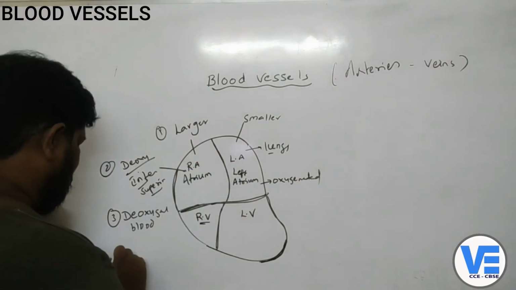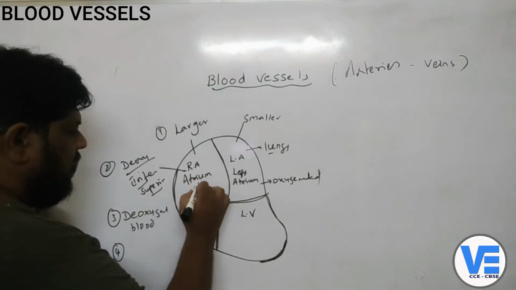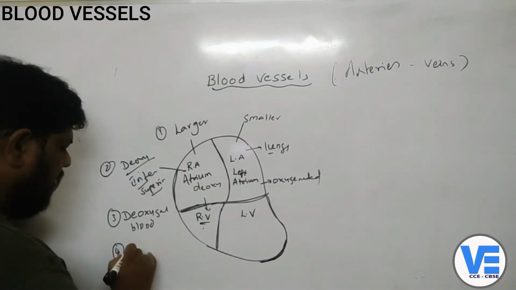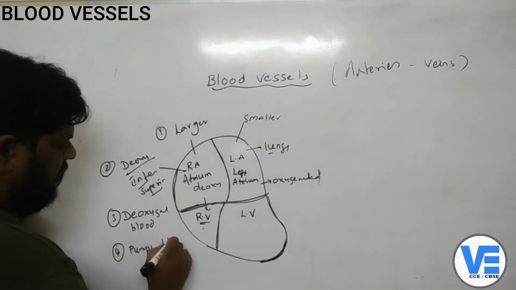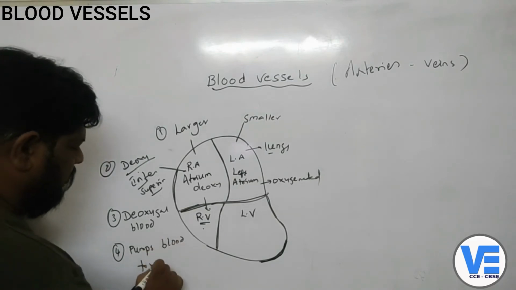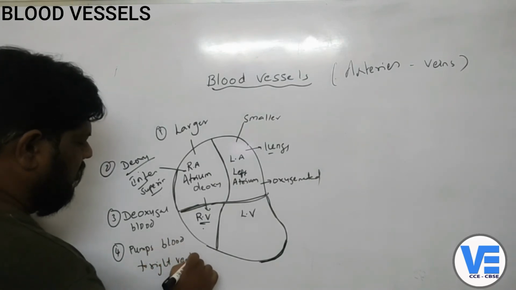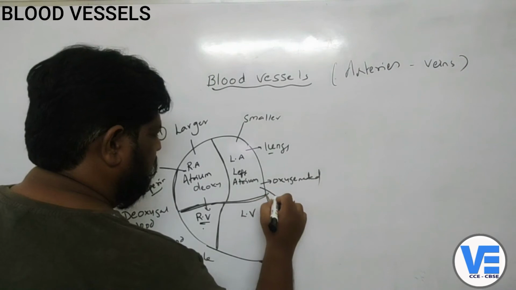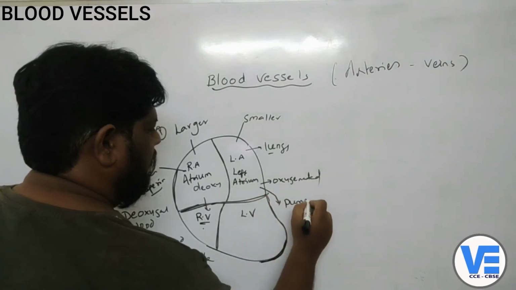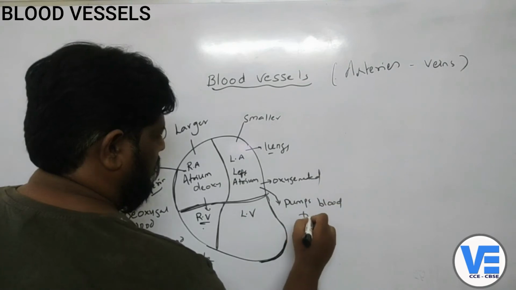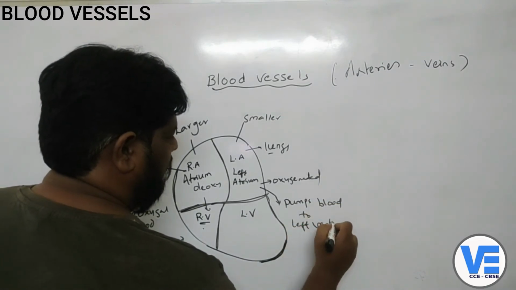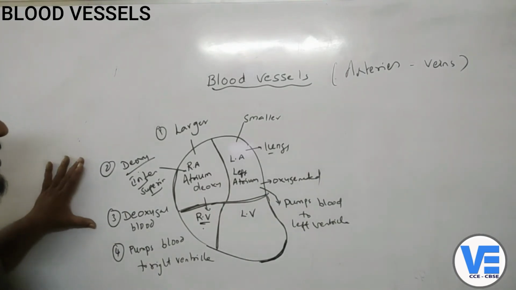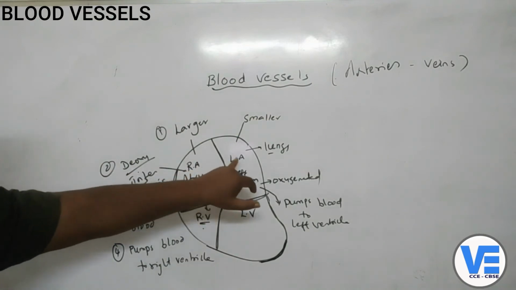And the fourth difference is that it will pump this deoxygenated blood into the right ventricle, and here this one pumps the blood to the left ventricle. So these are the four differences between the right auricle and the left auricle.